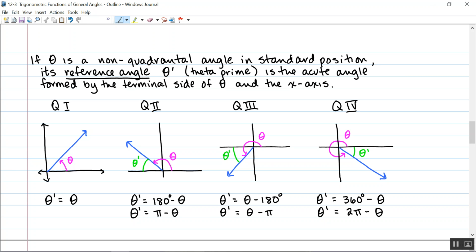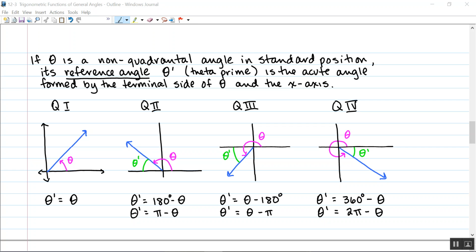In quadrant 2 over here, I have my angle theta in pink. Its reference angle is theta prime in green, because it's formed by the terminal side, which is the blue line, and in this case the negative x-axis. Theta prime is equal to 180 degrees minus theta, or in radians pi minus theta.